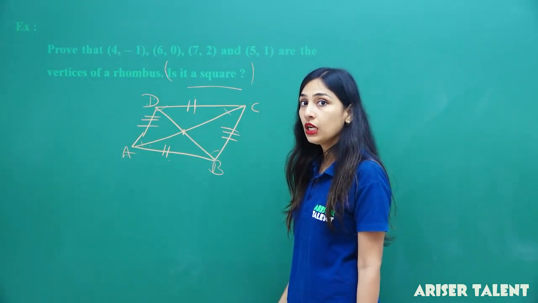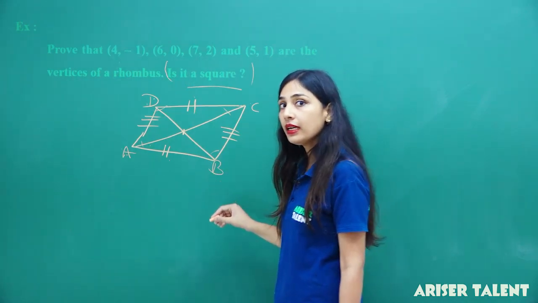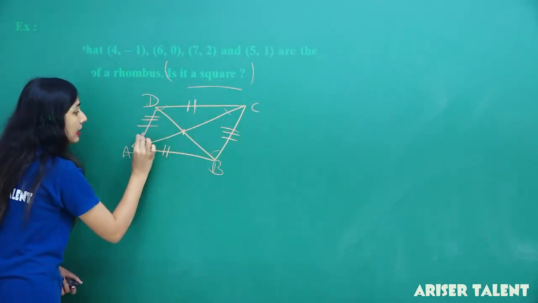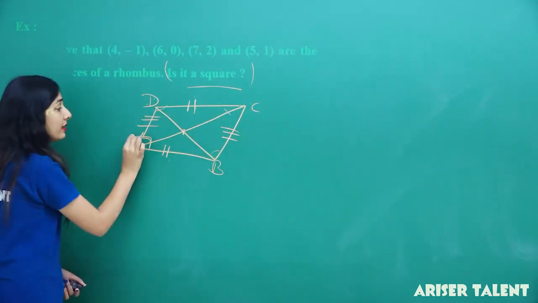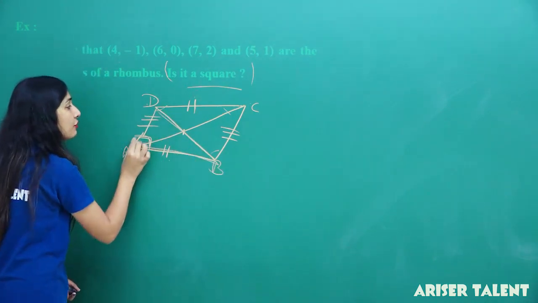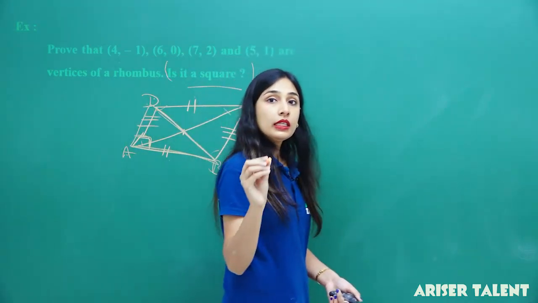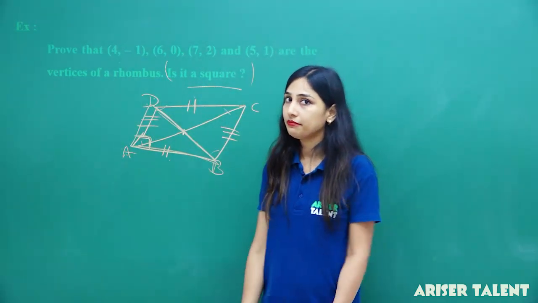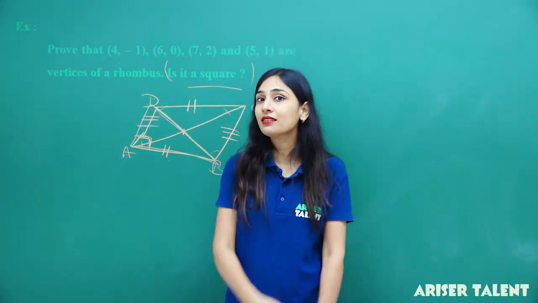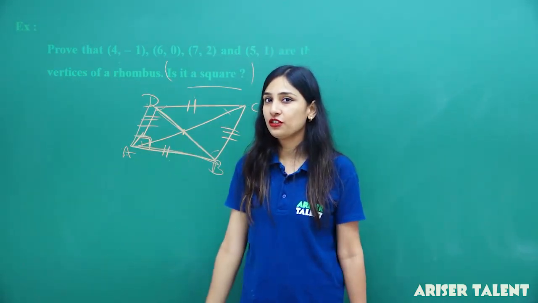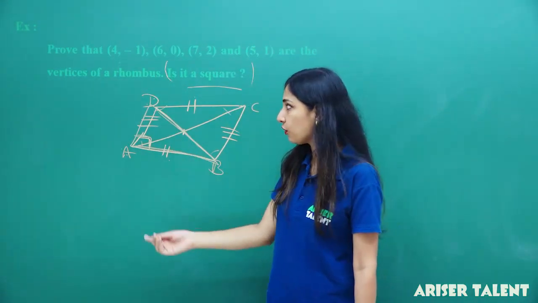A square. Now when will it become a square? When this angle will be 90 degrees. To be this angle equal to 90 degrees, this triangle must follow the Pythagoras theorem. So here we are with the strategy of our question.